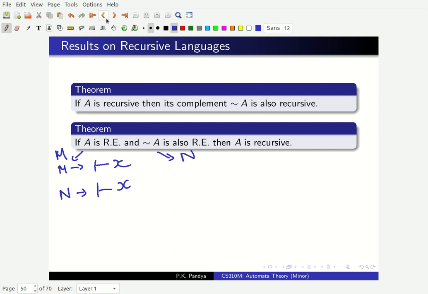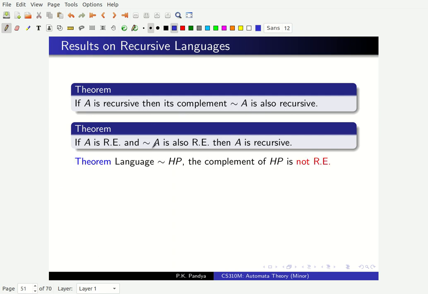So what we can do now is, my claim is, take the language not of HP. What was HP? HP consisted of all pairs MX such that M halts on X, right? So what will be its complement? All those strings such that M does not halt on X, or some absurd strings, right?